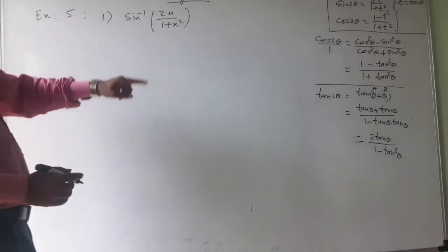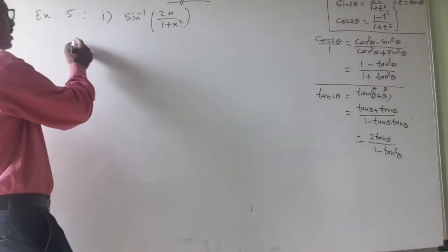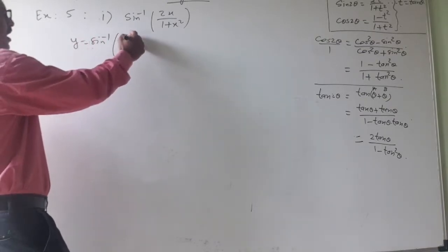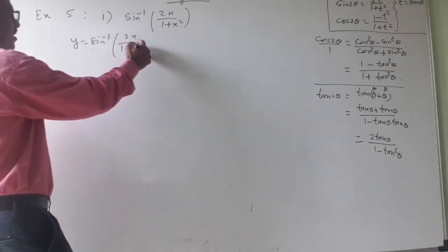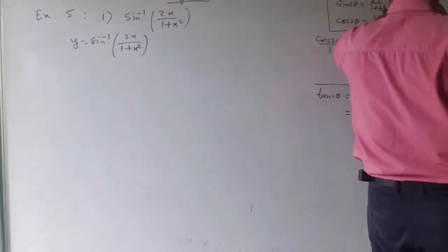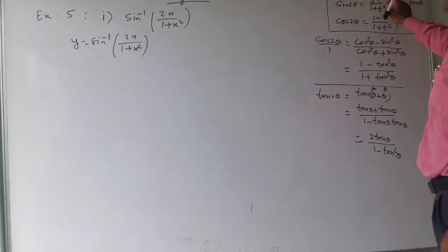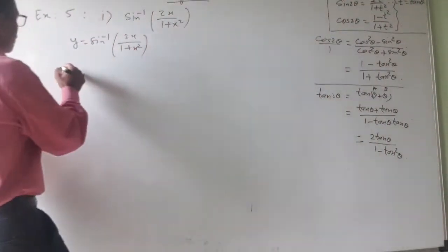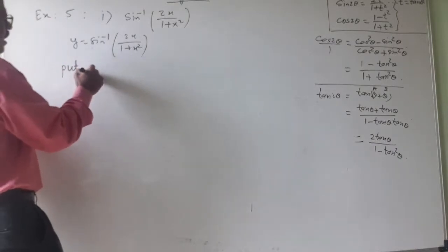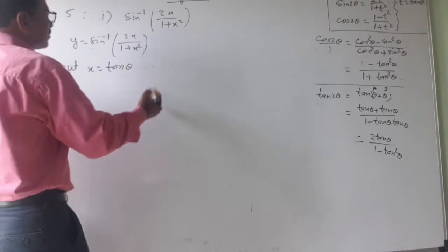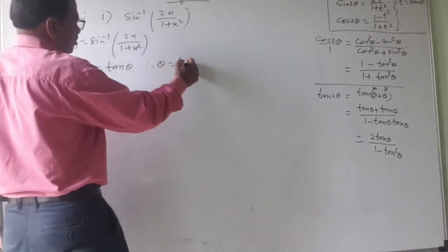On the same basis I have to prove this. y is equal to sine inverse of 2x upon 1 plus x square. Check here: 2t upon 1 plus t square, where t is tan theta. So x should be tan theta. So put x is equal to tan theta. Therefore, theta is equal to tan inverse of x.